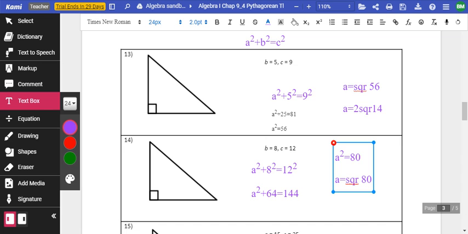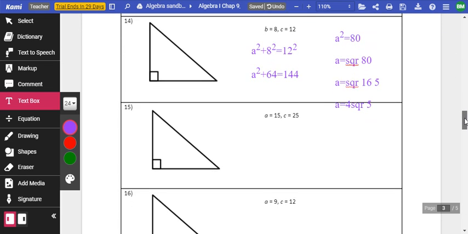Oh, 16 goes in there evenly. So we end up with A equals the square root of 16 times 5. So then we get A equals 4 square root 5. And that's our final answer.